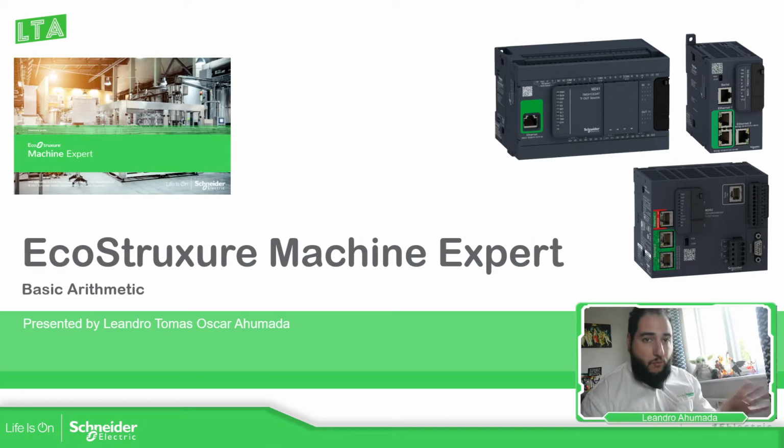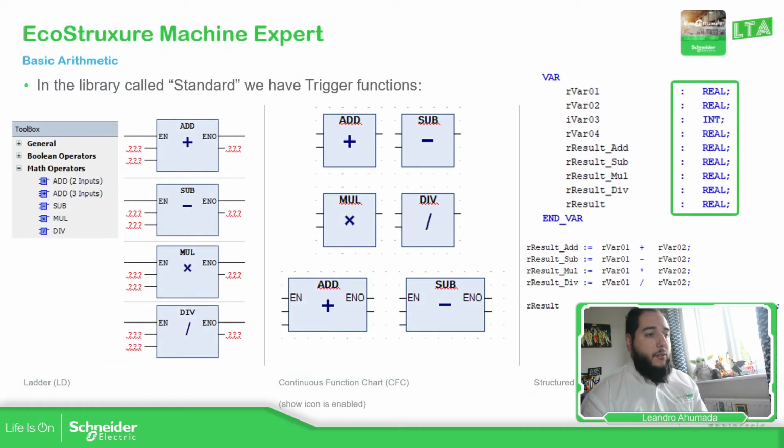As I mentioned before, during this complete module, I'm going to focus only on three different languages: ladder, CFC, and structured text. As basic arithmetic operations, I mean these four that we have over here: add, subtraction, multiplication, and division.